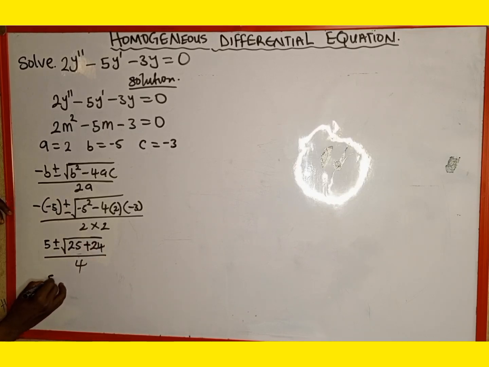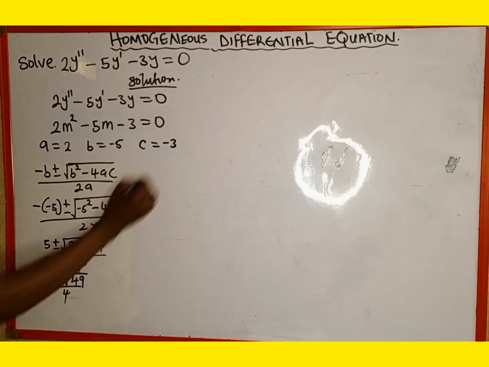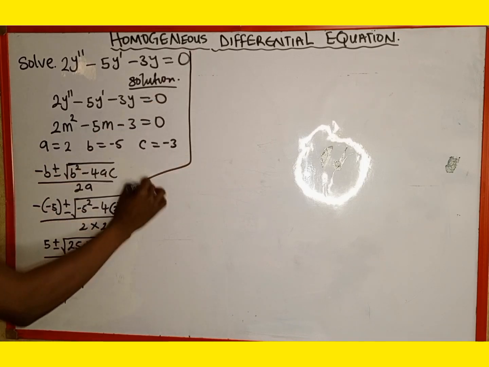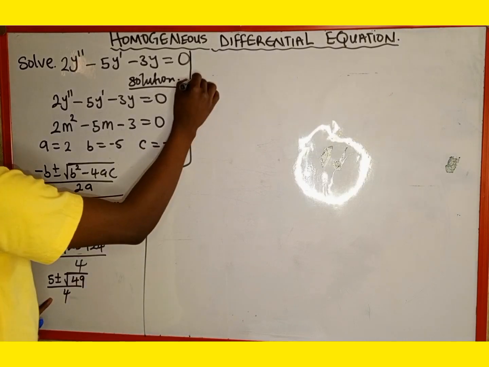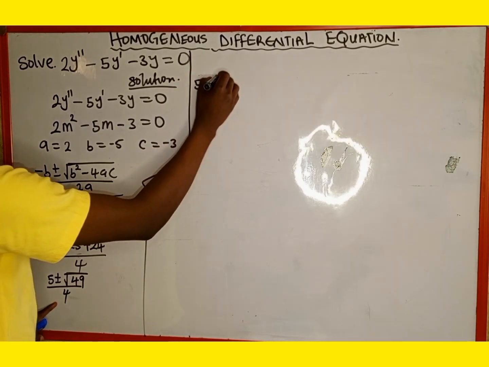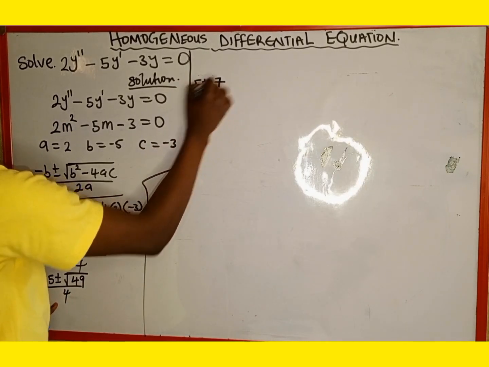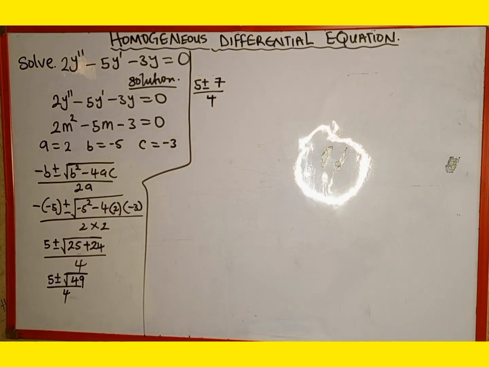Now we're going to have what? 5 plus or minus square root of 25 plus 24 is going to give us 49, everything over 4. Now the square root of 49 is going to give us 7. So therefore we're going to have 5 plus or minus 7, everything over 4.